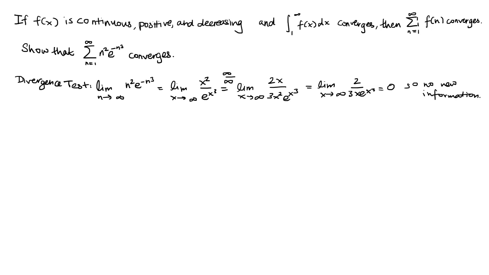When we take a look at the function that defines the terms, f of x here is equal to x squared e to the negative x cubed. We look at that and we say, I bet we can integrate it. x squared e to the negative x cubed, we can integrate this with a u sub. u here is equal to x cubed, du is 3x squared dx.